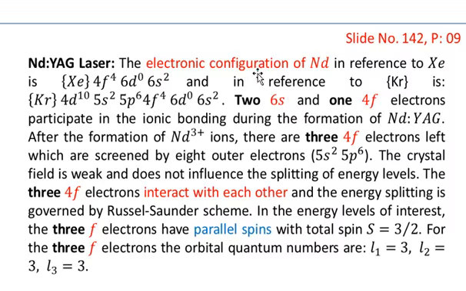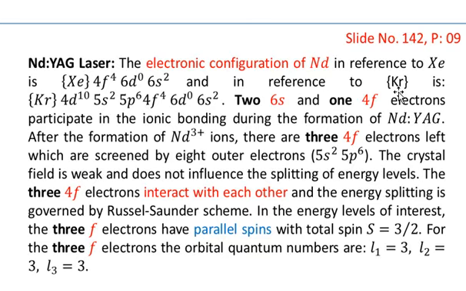The electronic configuration of Nd in reference to xenon is the electronic configuration of xenon extended to 4f4, 6d0 and 6s2. So this is the complete electronic configuration of neodymium.